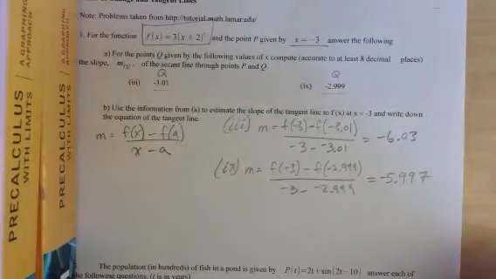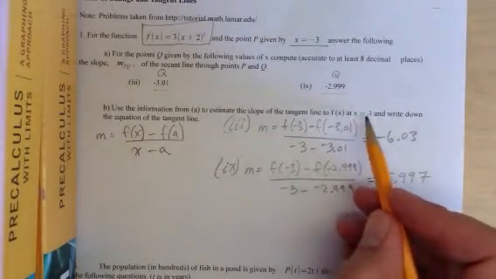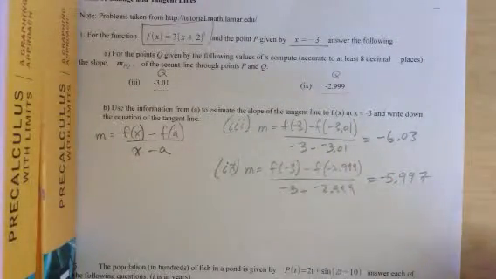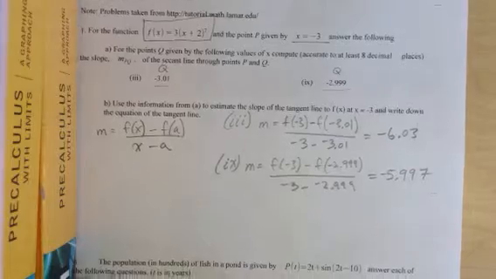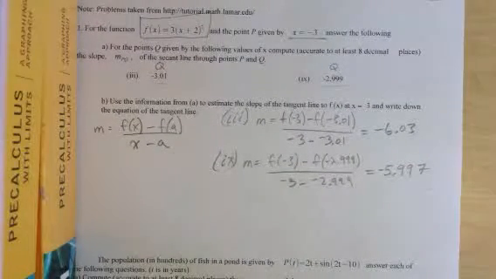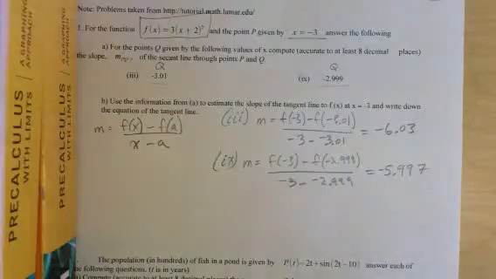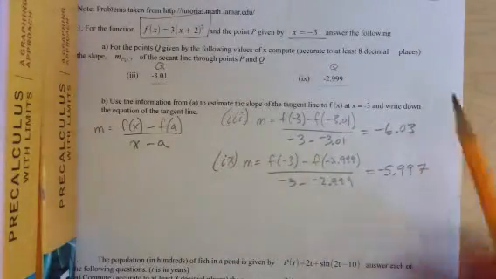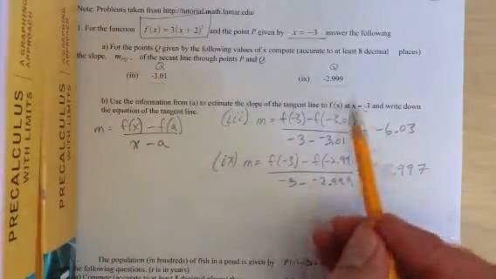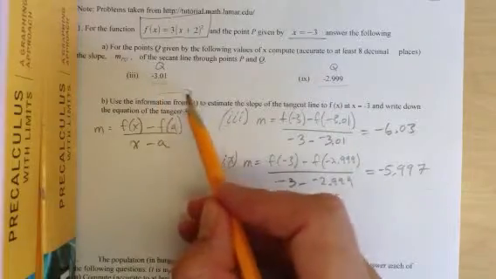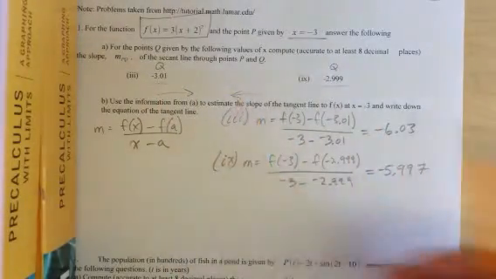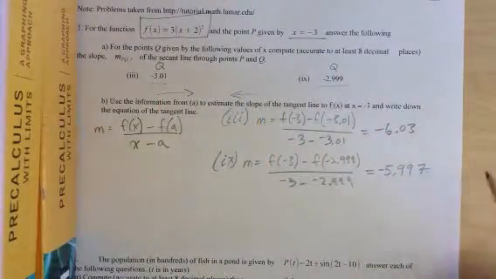Now we're trying to estimate what happens when x actually is equal to negative 3. What is the slope of that line? And you know from algebra you need to have 2 points to determine the slope of a line, and we only have one. So right now we're thinking about approaching x equals negative 3 from the left and from the right, and we've tried to estimate what that slope is.